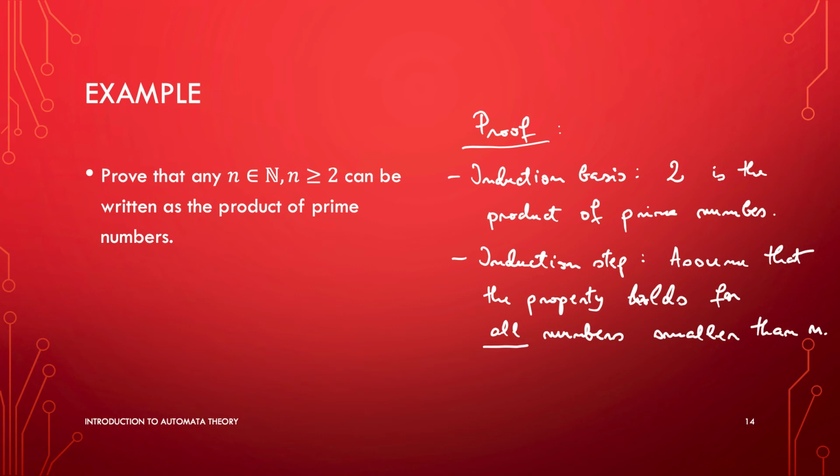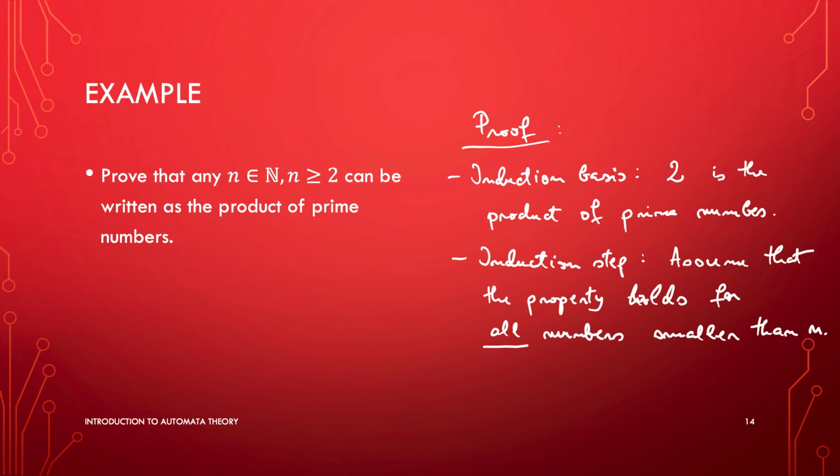So I'm assuming this form of the induction hypothesis, that the property holds for all numbers smaller than n. So any number smaller than n can be indeed written as a product of prime numbers, and I want to show the property for n.